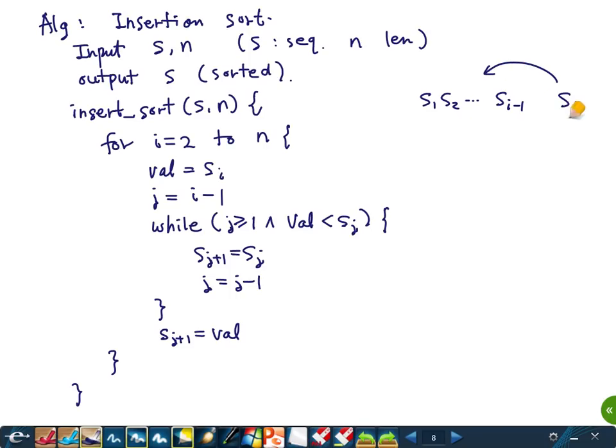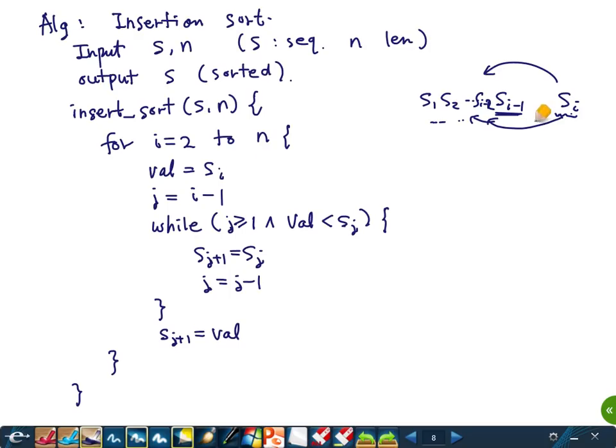If you remember, we compare this with the rightmost number, right? And if this is bigger than this, then this is the right place. But otherwise, we have to go to the next one, and compare this with this. And if this is still bigger, we go to the next step, etc. We are going to write down code to do this, okay?